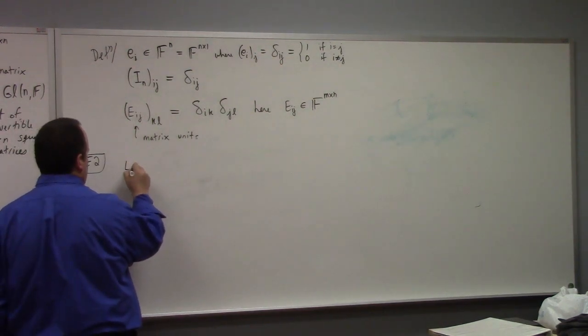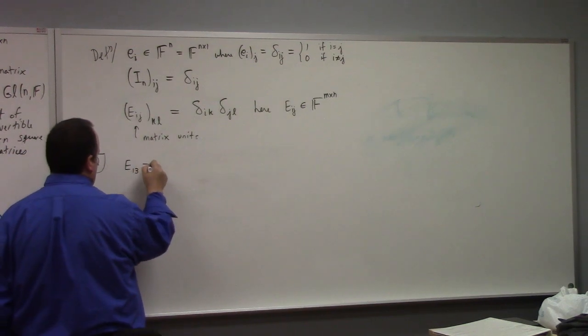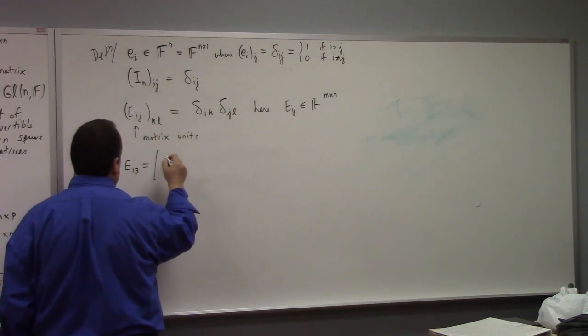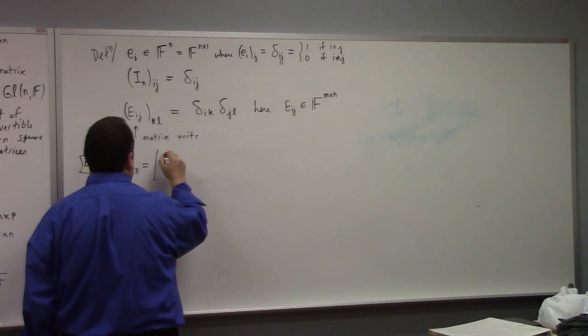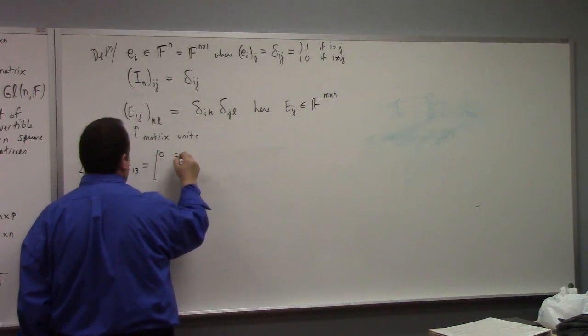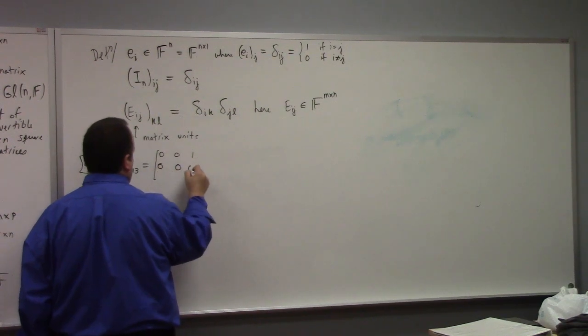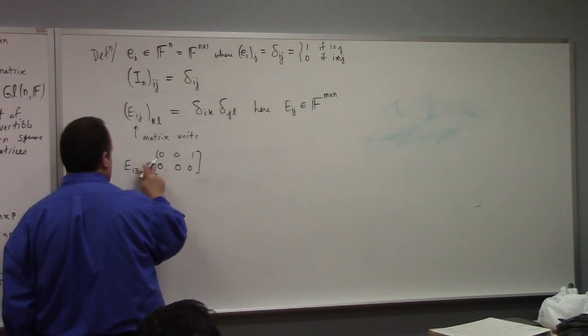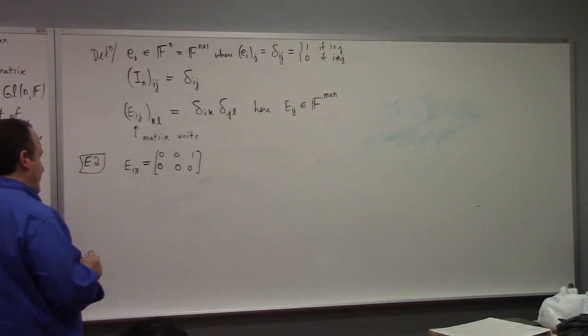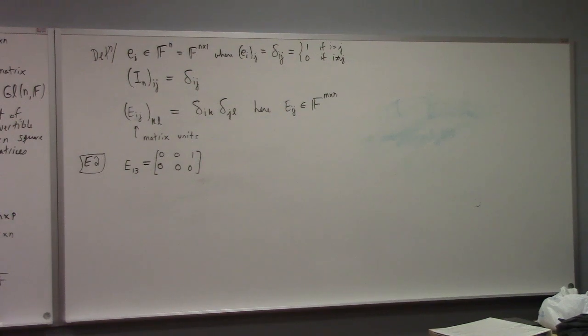If I want to build, let's say, E13, there, and I'll try to do it as a rectangular matrix, which is really ill-advised. I told myself 5 minutes ago to stick with square matrices. If I could take my own advice, we'd probably be better off. But oh well, let's forge ahead.